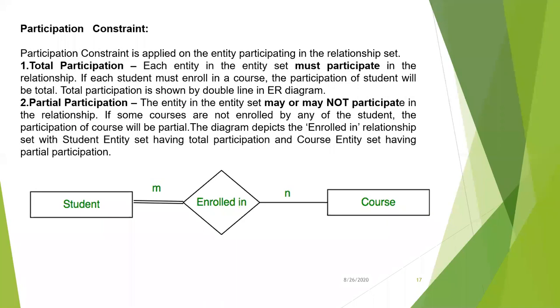If there is a double line, it means total participation. If there is a single line, it means may or may not participate in the relationship.